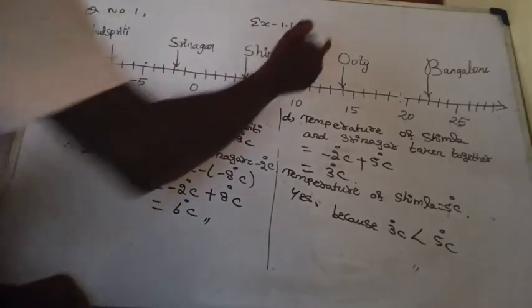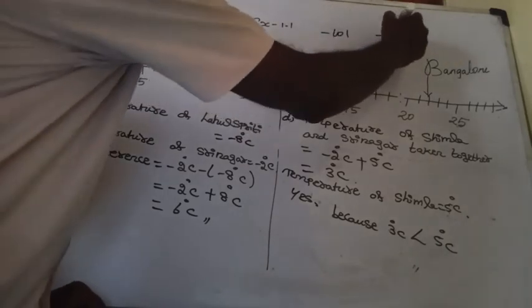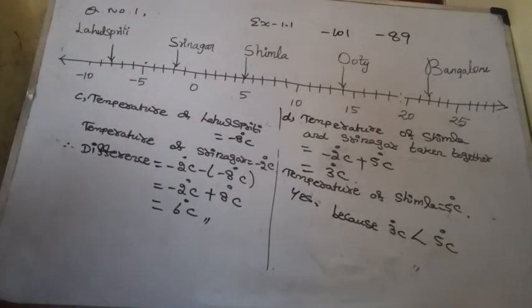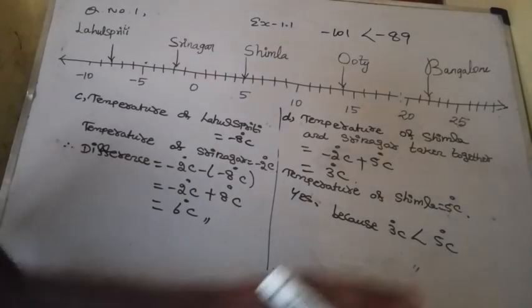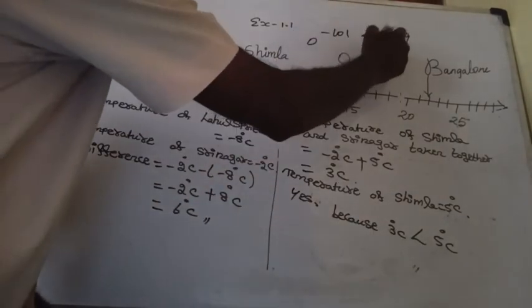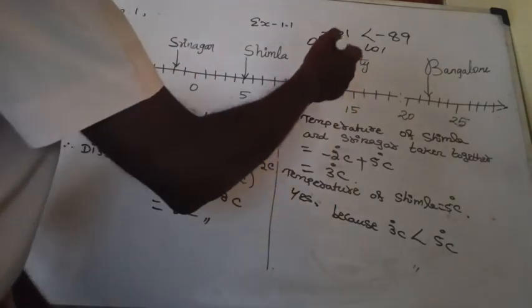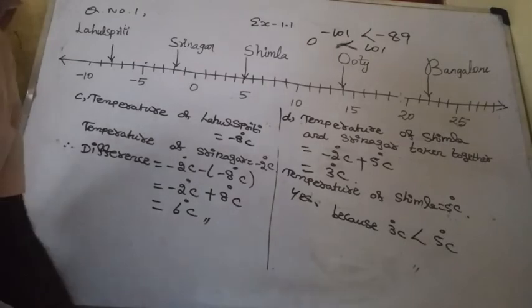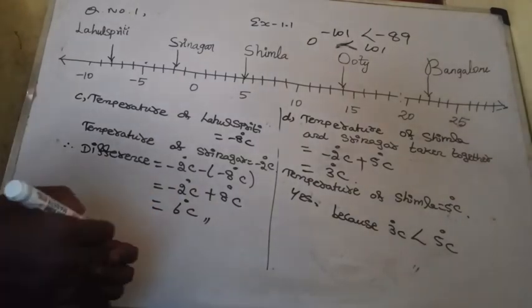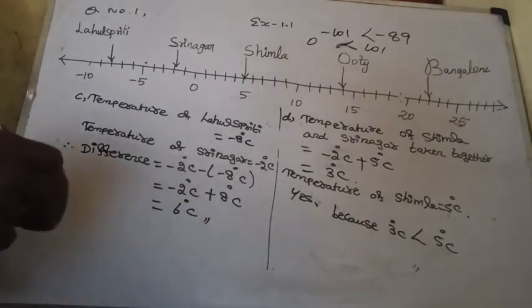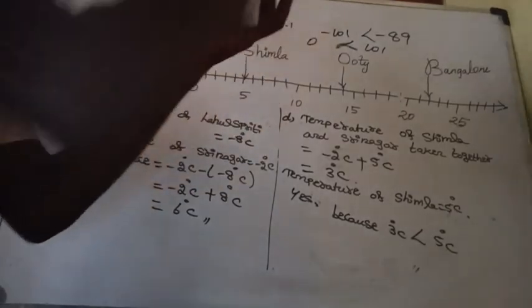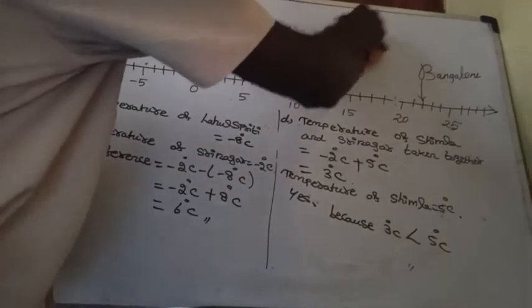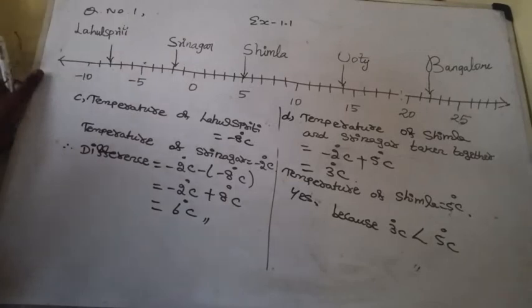If I am asking you to compare minus 101, minus 89, which one is the greatest? Minus 89 is the greatest. When you are comparing 0 and a positive integer, the positive one is greater. When you are comparing a negative integer and a positive integer, the positive integer is always greater. Are you getting it?